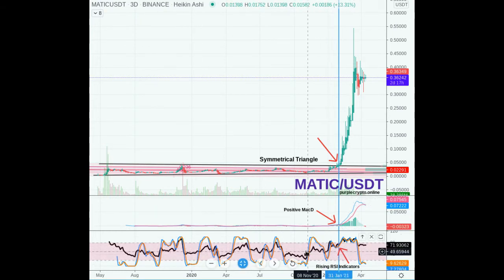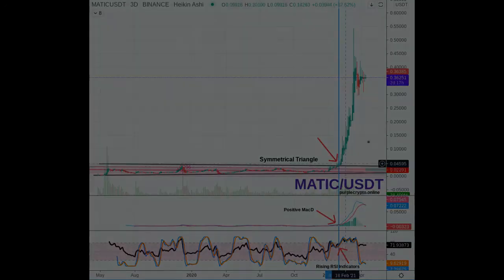You can see here it came down, up, came down, and it was doing a positive divergence, and it kept heading up higher. So that, in combination with the break of the symmetrical triangle, would have been a very, very strong buy signal on the close of a 3-day candle above the upper trend line of the symmetrical triangle.